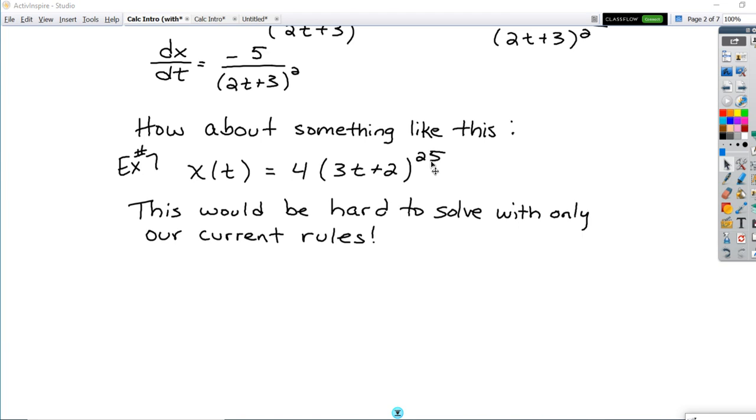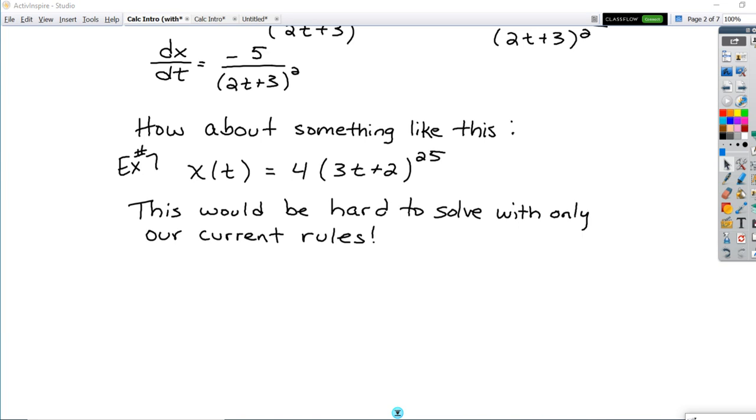It's got 25 terms, and so it's a polynomial with 25 terms. That's going to be quite a challenge to, well, actually 26 terms. That would be quite a challenge to do, and very tedious and time consuming. It could be done, but there's got to be an easier way. And there is, in fact, another rule that will help us get through this.